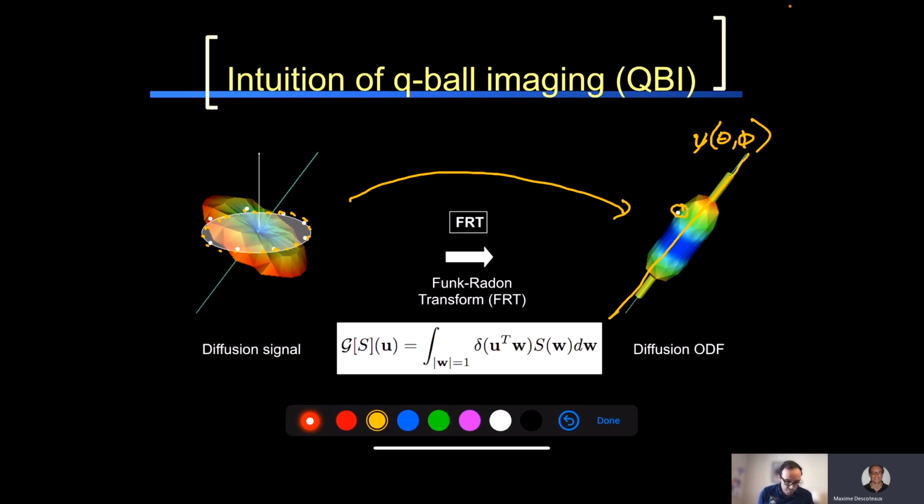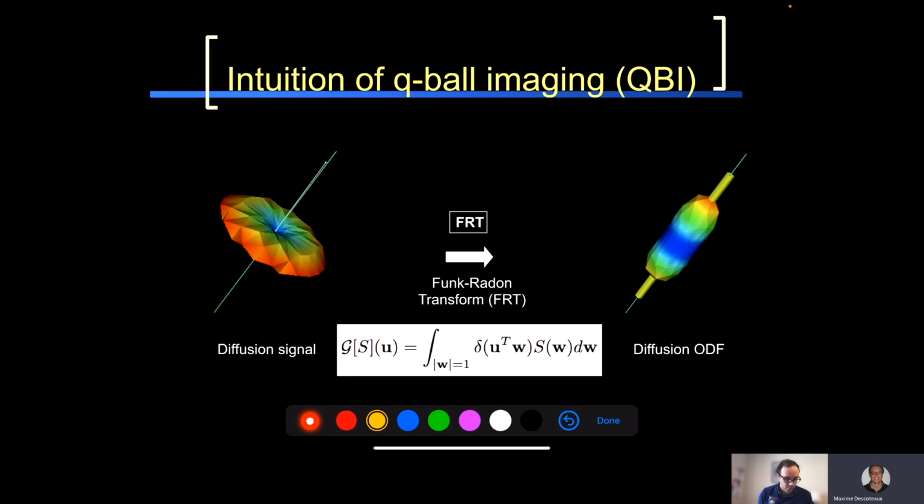So you can see if the direction that I chose is not aligned with the underlying fiber population, the value of this integral is not maximal. If on the other hand, I choose the direction exactly aligned with the fiber population and I redo this Funk-Radon integral on the great circle, well, then this fits with the maximal value of the ODF.